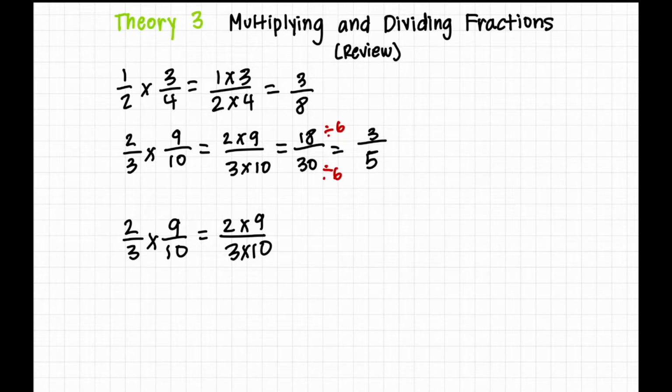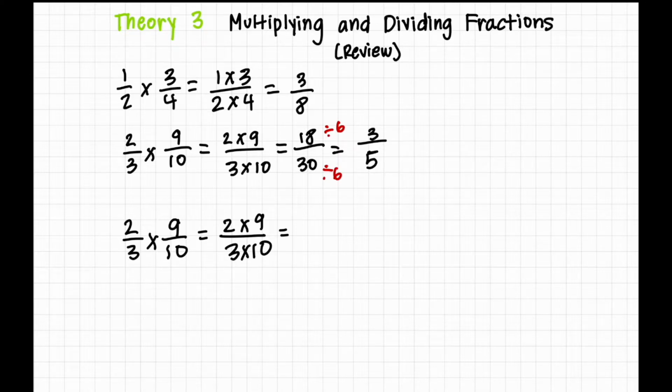We know that when we multiply, order doesn't matter, like addition. So 9 times 2 is the same thing as 2 times 9. So we can rearrange some things in this case.